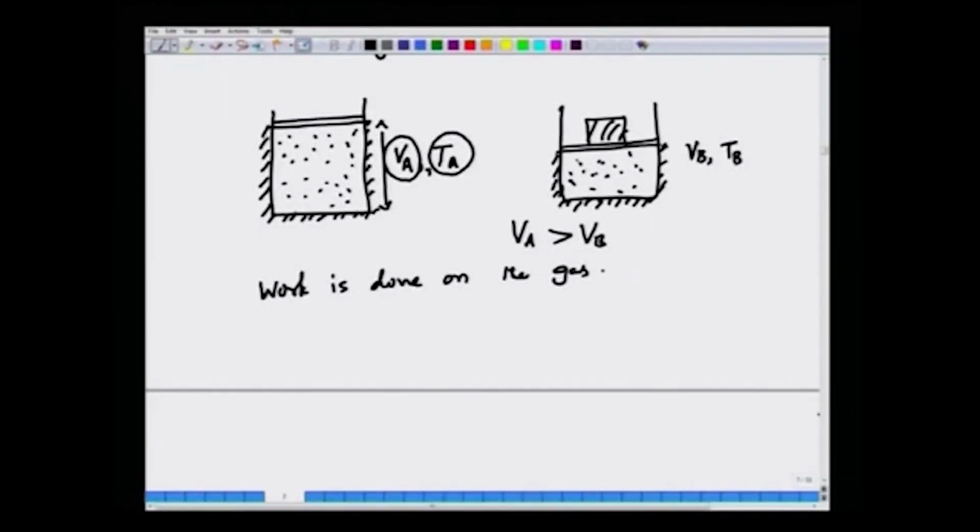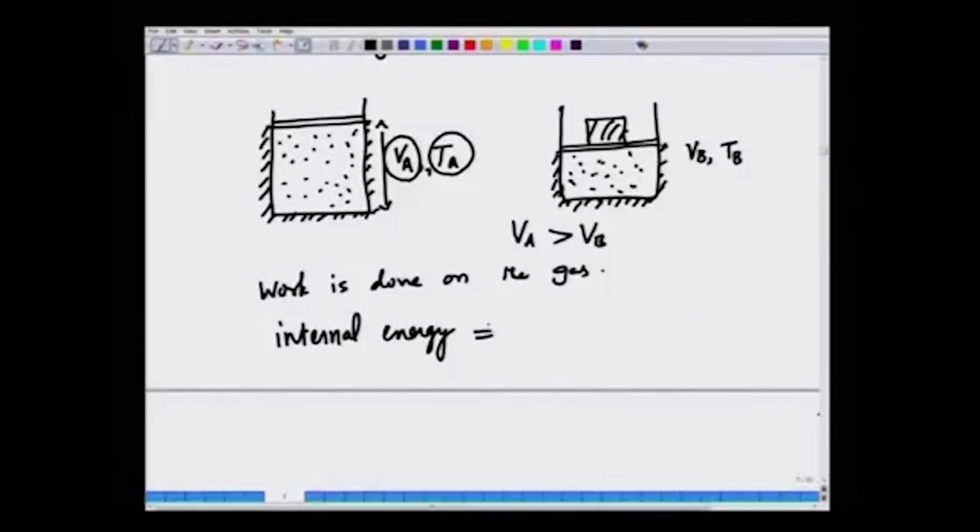So, what has happened to the work is that it has gone on to increasing the internal energy of the system, and internal energy is a new concept that comes from thermodynamics, and it has a role to play even in fluid mechanics, because we will see that these notions or principles are helpful while understanding the principles of conservation of energy and energy balance even in fluid flows.